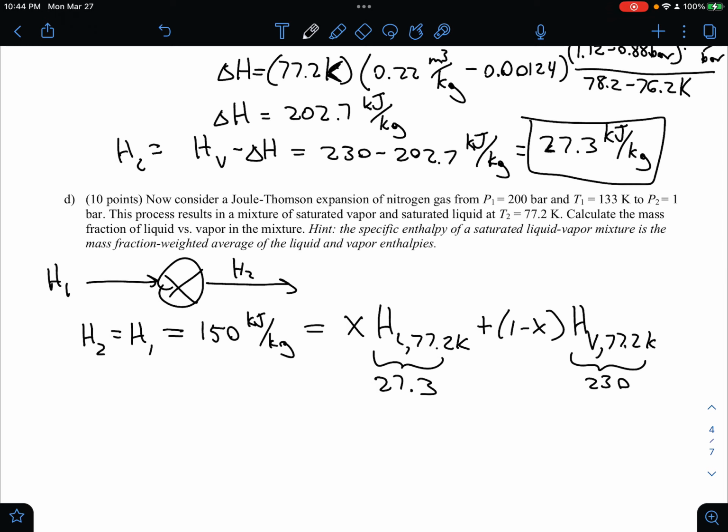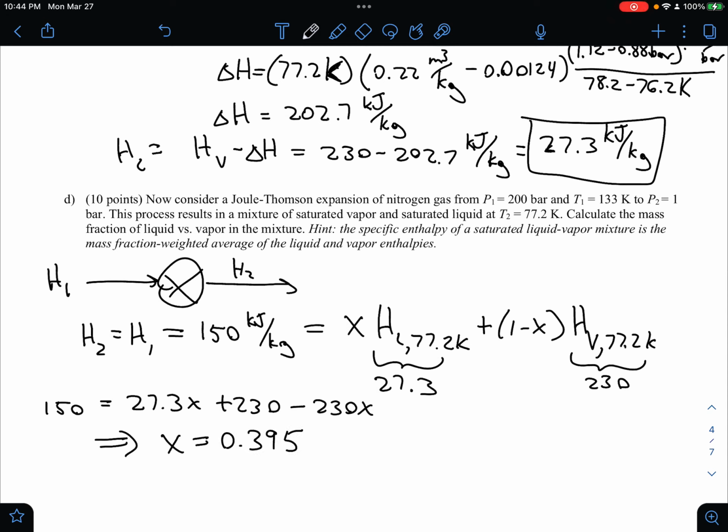So we should just solve for X. When you do that, let's say 150 equals 27.3x plus 230 minus 230x. And so you solve for x. I'll let you do the algebra. You're going to get x equals 0.395.